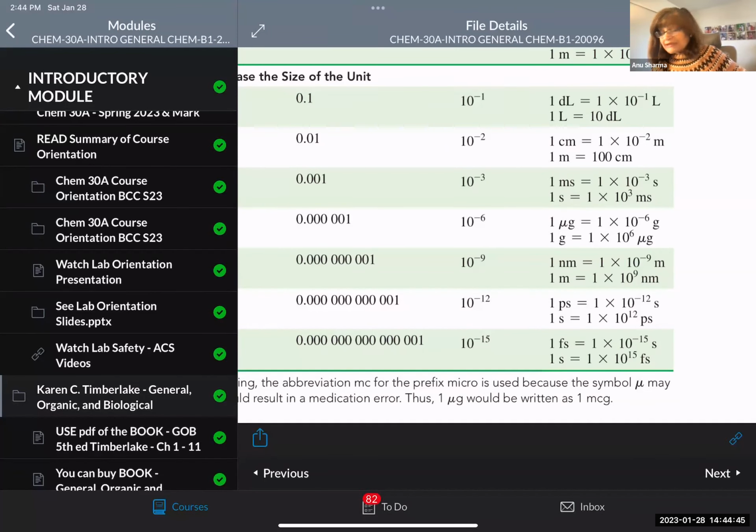So you can still apply them to seconds, meters, liters, and grams. Here we have deciliters, a smaller unit, then centimeters, smaller, then microseconds, micrograms, milligrams. And for seconds, also picoseconds, really small, and femto is even smaller.